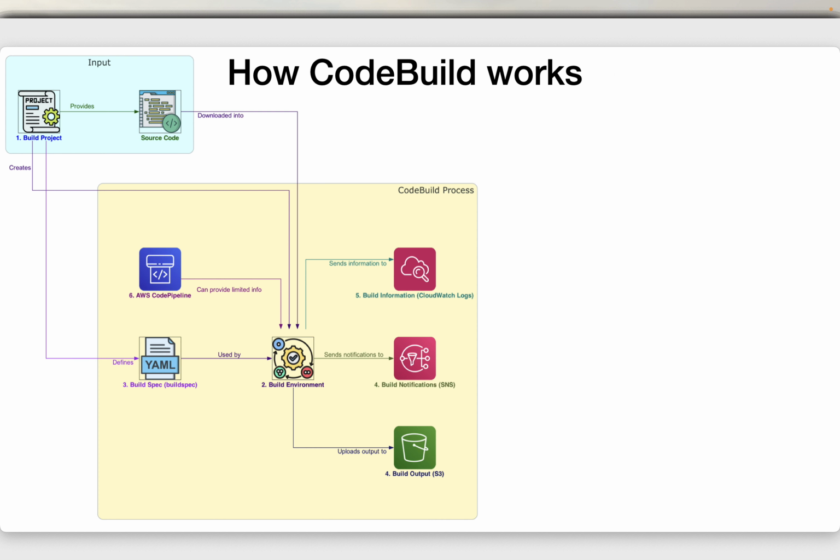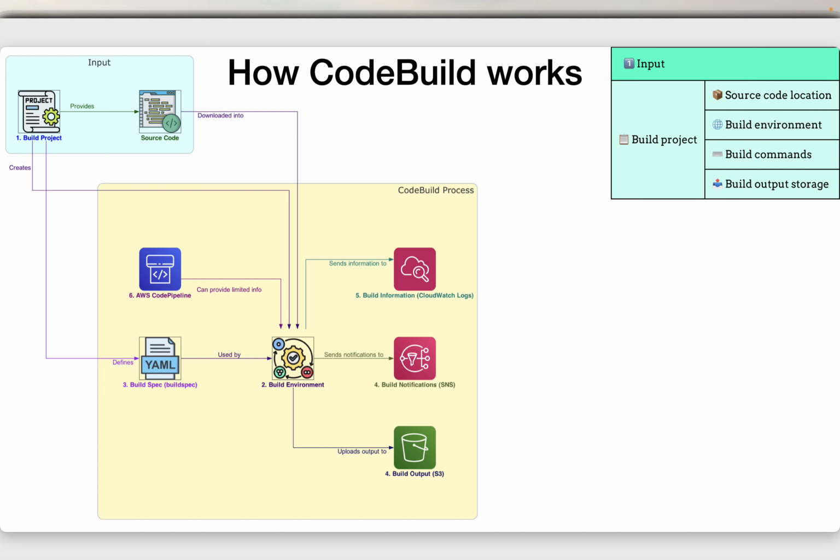Okay, how CodeBuild works? So first is an input. You must provide CodeBuild with a build project. A build project includes information about how to run a build, including where to get the source code, which build environment to use, which build commands to run, and where to store the build output.